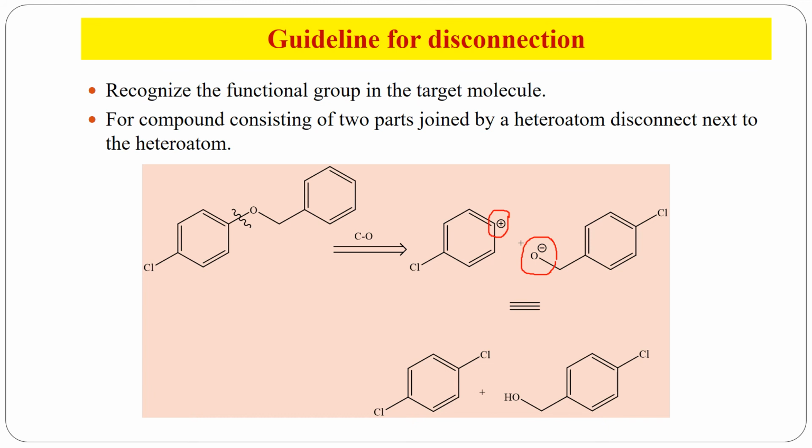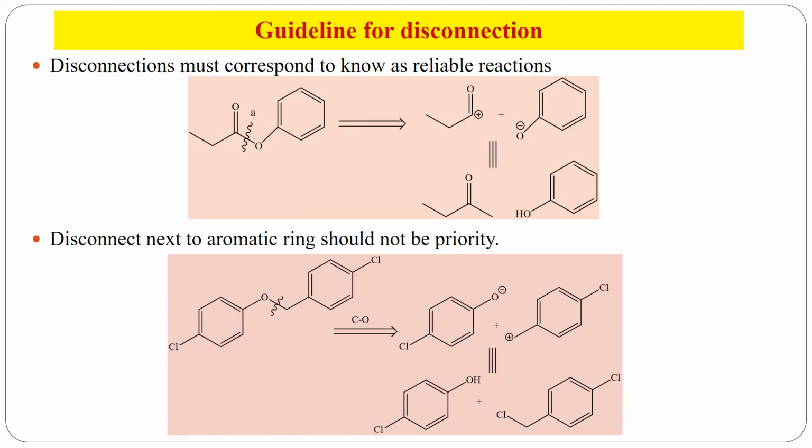In the heteroatoms, usually nitrogen, oxygen, sulfur, these are naturally negative or donor synthons, and the carbon is naturally an acceptor synthon. So it is the first strategy to disconnect adjacent or next to the heteroatom. Basically, it is the very first strategy before the start of any disconnection.